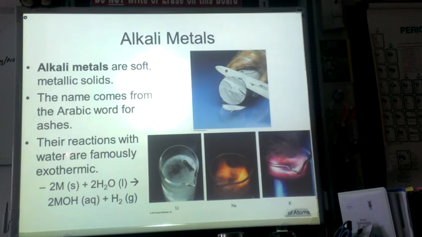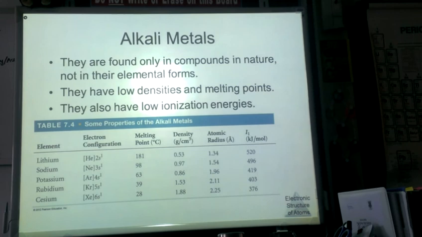Reactions with water are famously exothermic. So 2M, just meaning my metal, specifically here my alkali metal. If I react an alkali metal with water, I'm going to get a metal hydroxide plus hydrogen gas. So it's really this hydrogen gas that's creating this big exothermic reaction.